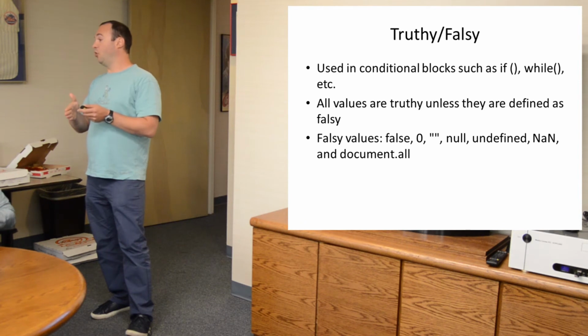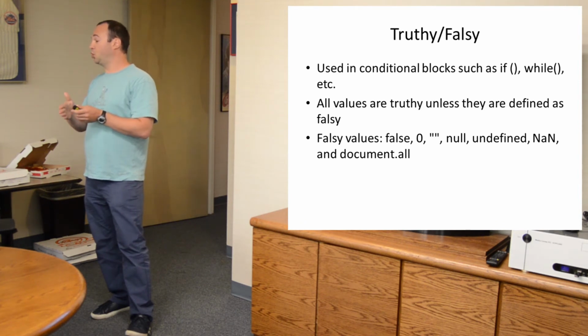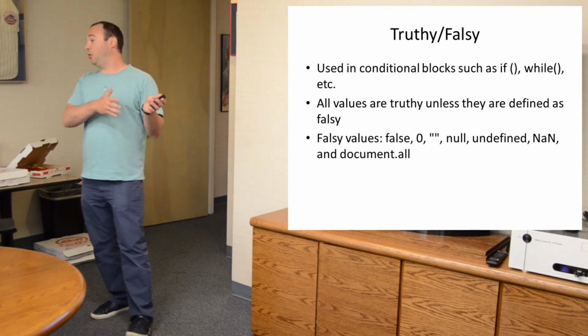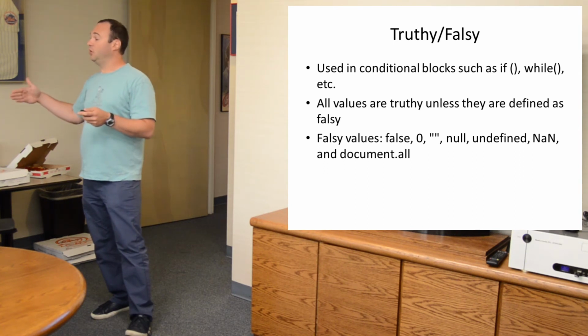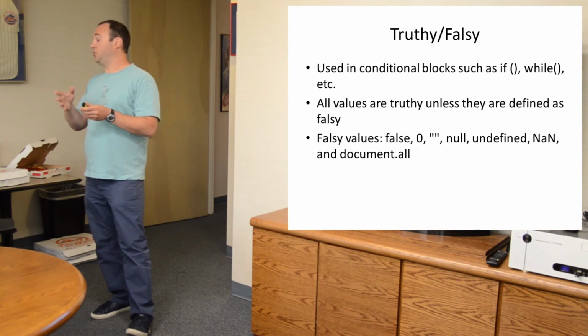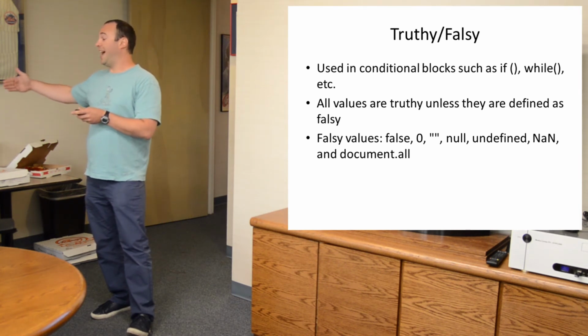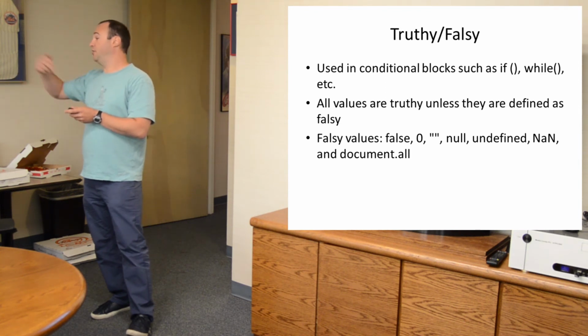So if you have a number of expressions combined using an or, the first one that evaluates to true is assigned to the variable. With an and, it's actually the last one. So if you're assigning an expression with a number of ands in it, the last one that is true is assigned to the variable.